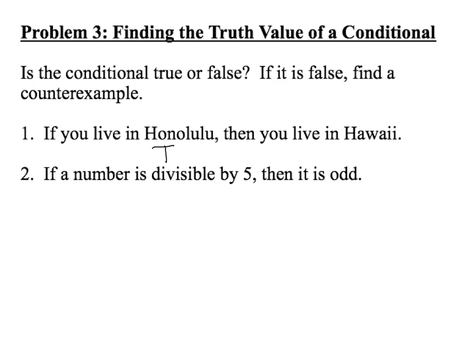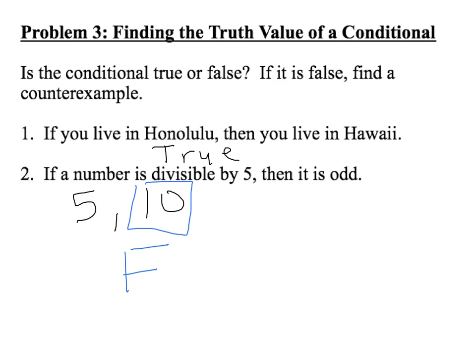So this truth value would be true, so I don't have to find a counterexample. The next one, if a number is divisible by 5, then it's odd. Well, I know 5 times 1 is 5. That is odd. 5 times 2 is 10. That's not odd. So I could say, nope, false, because 5 times 2 is 10, and that's even. So giving a counterexample if any truth value is false.